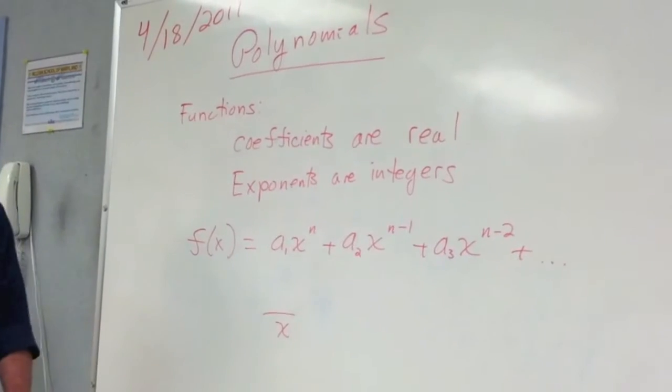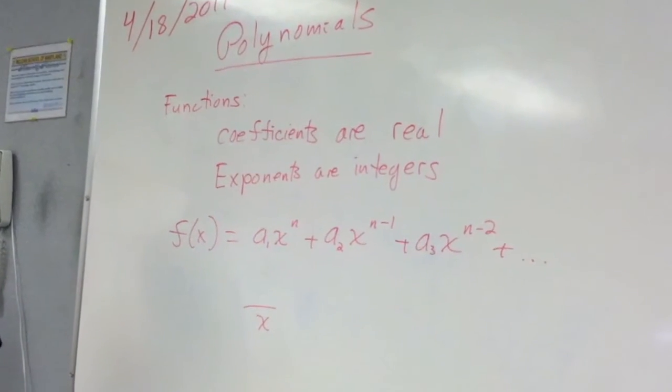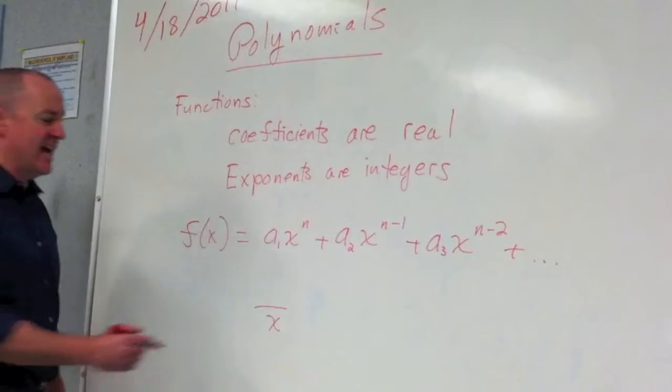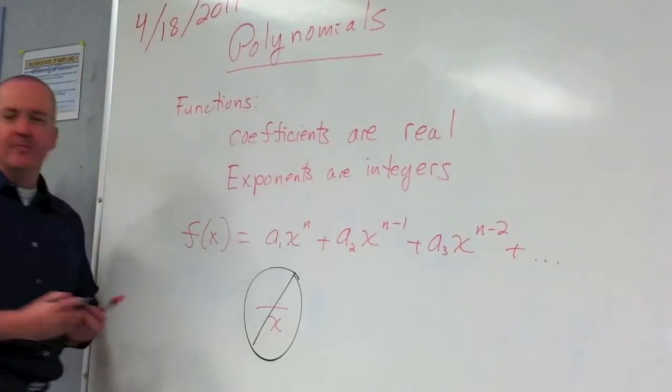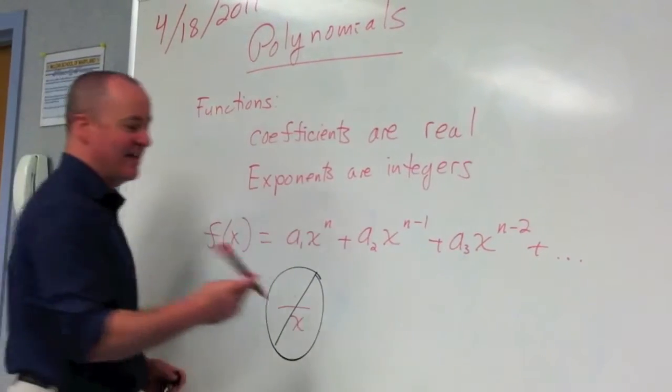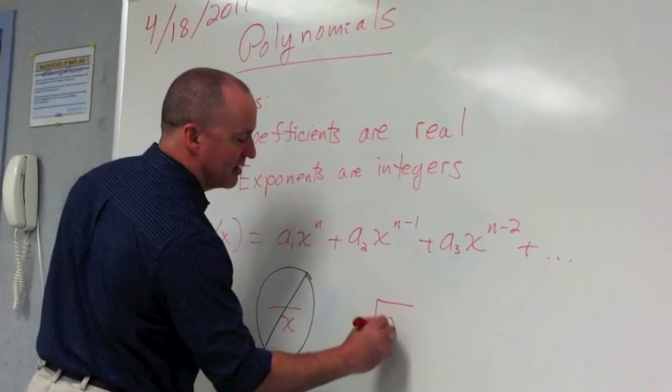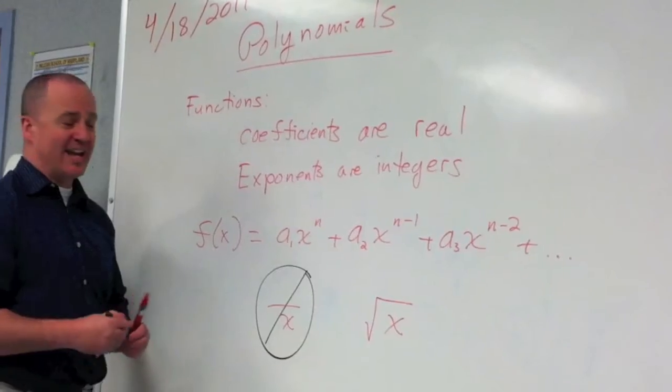So you can't have a vertical asymptote. You also can't have a root of an x in there. That also can't happen.